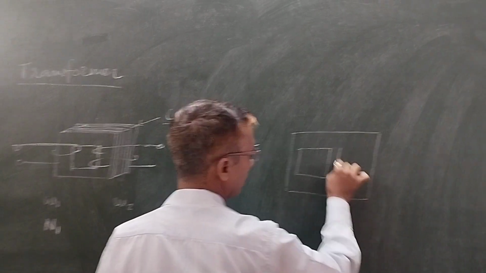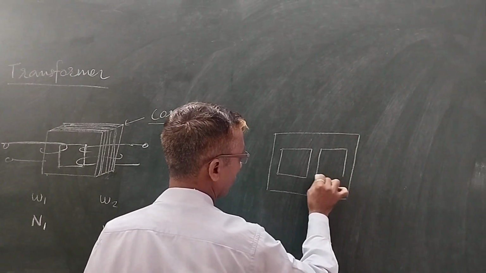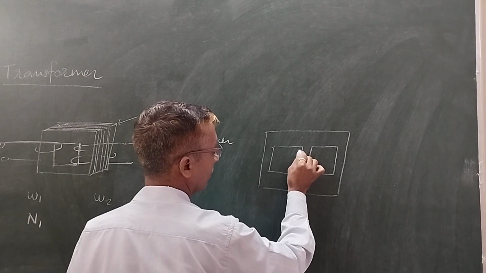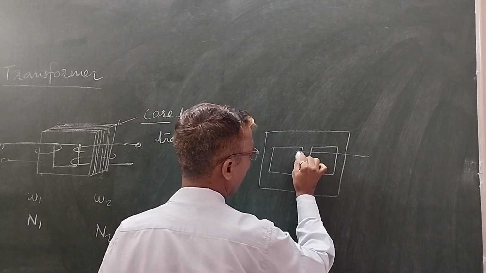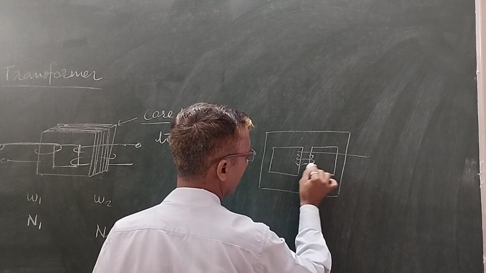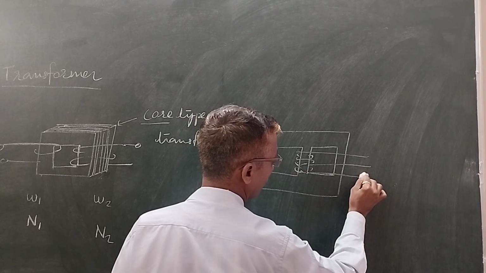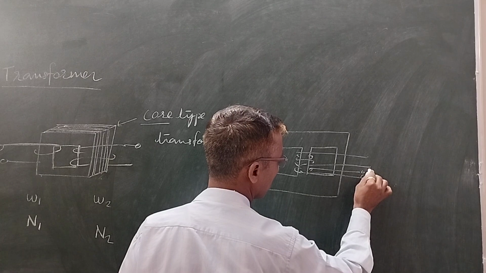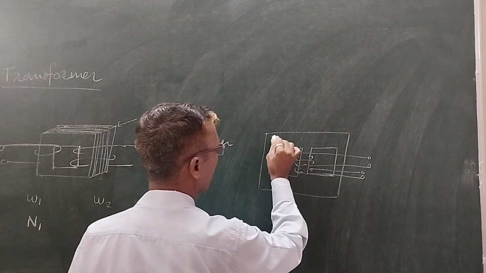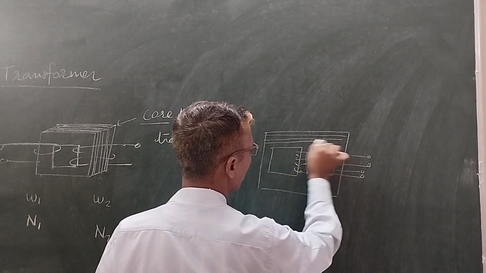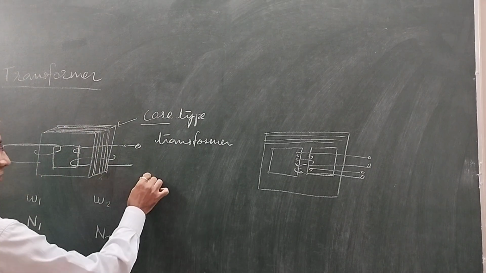There are three limbs. The winding is wound on the central limb. One winding, the another winding, two terminals. And it is made up of steel stampings.